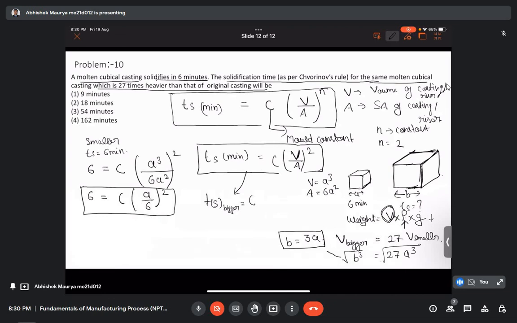So C will be the same, multiplied by the volume upon area.